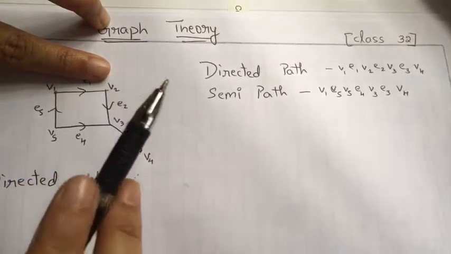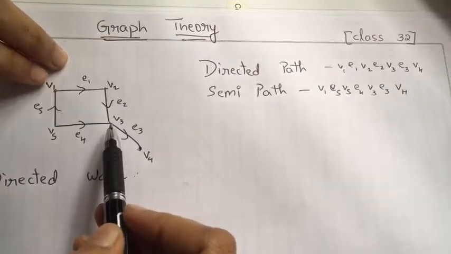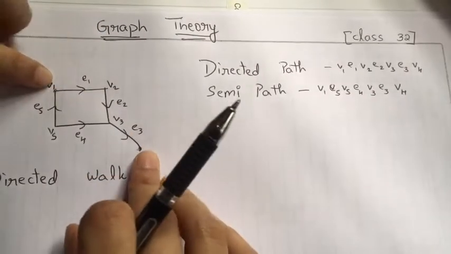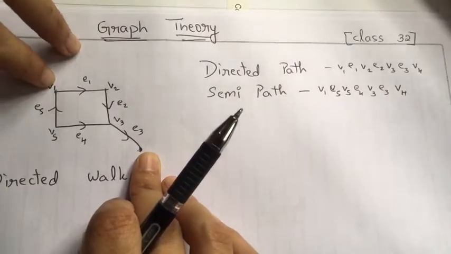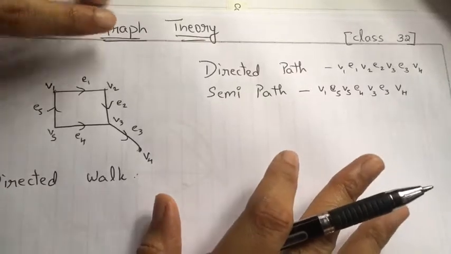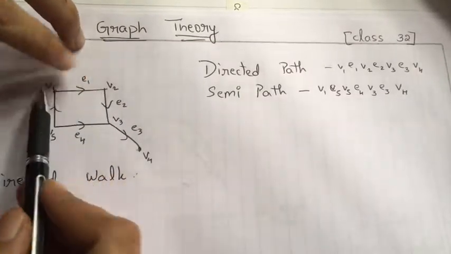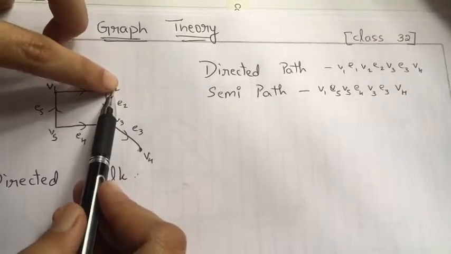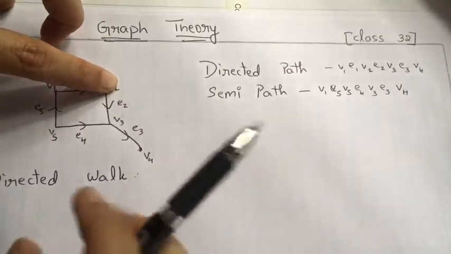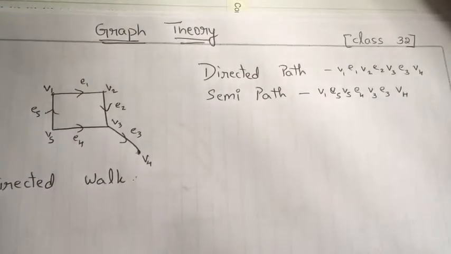Always remember that a directed walk is an alternating sequence of vertices and edges, and there is an orientation, so that will be a directed one.